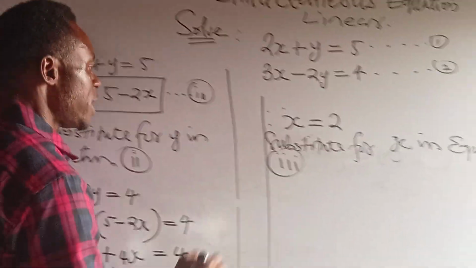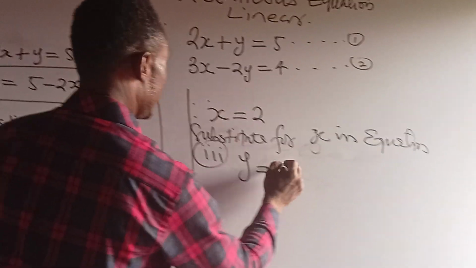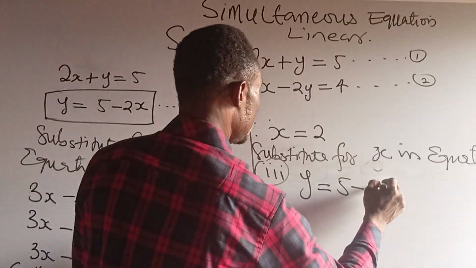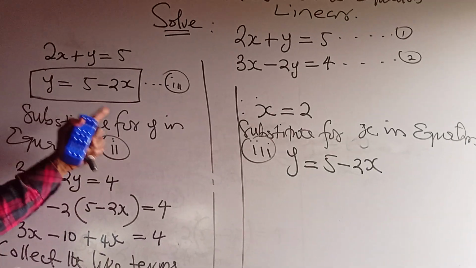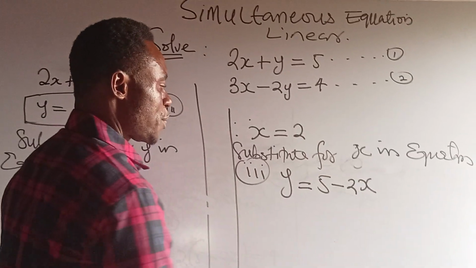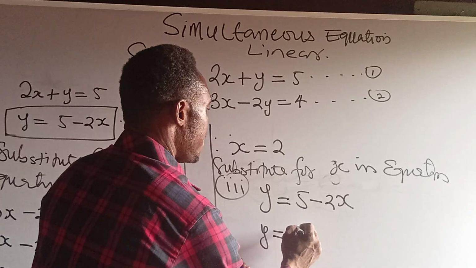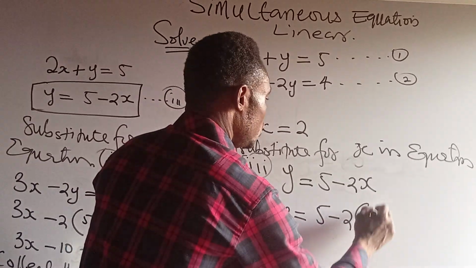Now let's go together. We now have y equal to 5 minus 2x. Look at it here. Very simple. Wherever you see x, you put 2 and solve your problem. We now have y equal to 5 minus 2 bracket 2.